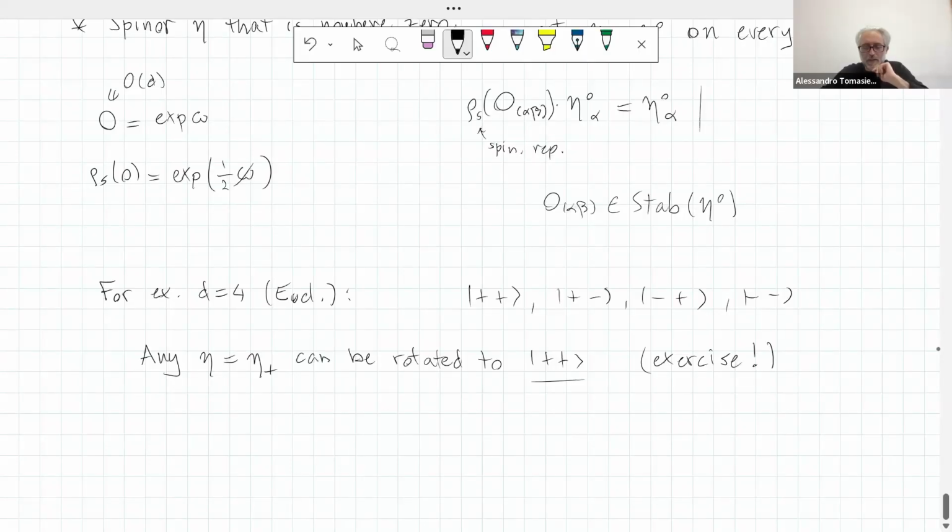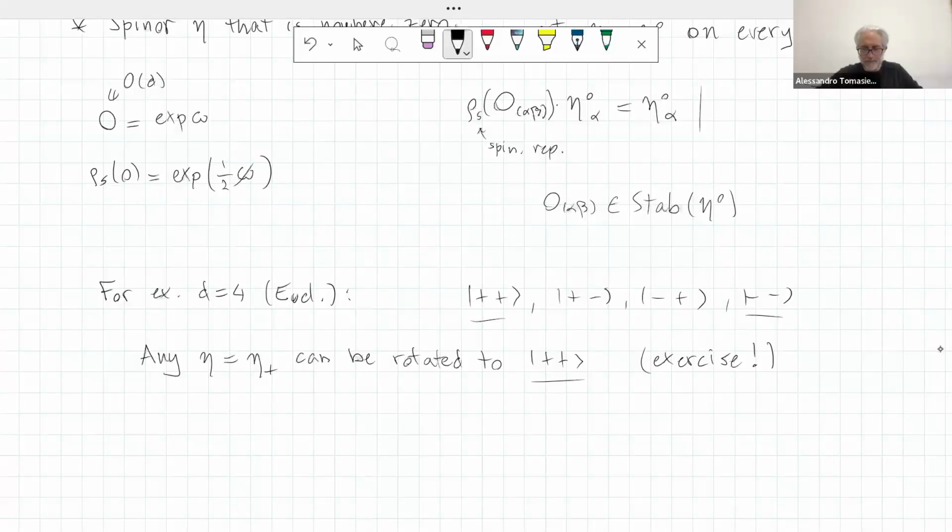Because after all, in 4 dimensions, the space of spinors of chirality plus is only 2-dimensional. The generators are just plus plus and minus minus, because the chirality is just the product of the signs defining this basis.